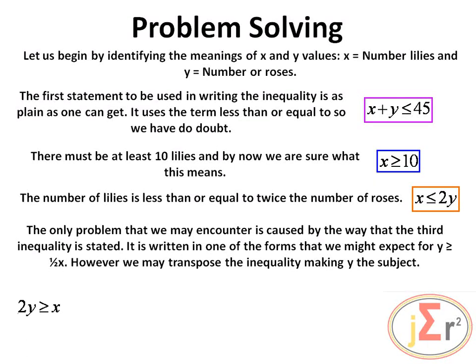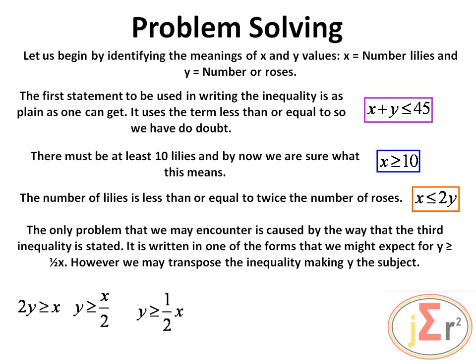So if we transpose that, what do we have? We put the y on the left hand side. So where we have x is less than or equal to 2y, now we have 2y is greater than or equal to x. And of course, because 2 is being multiplied by y here, we divide by 2 on the other side. So y is greater than or equal to a half of x, or we may say x over 2.